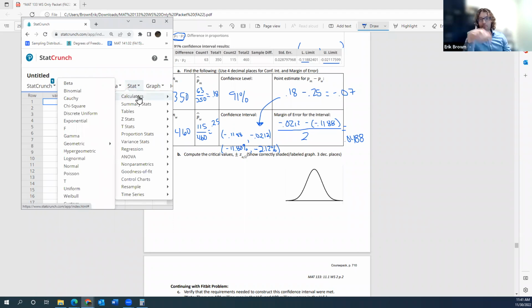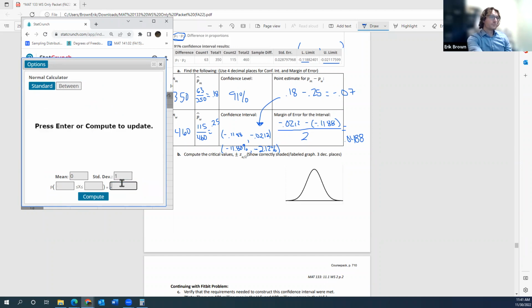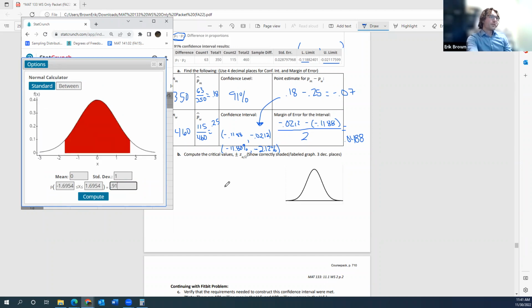So this is going way back in time, way back to chapter 7. We also did it in chapters 8 and 9. So you go to normal, and we use the confidence level area for between. Since it's a critical z value, we know the mean is 0 and the standard deviation is 1. There they are, plus or minus 1.695.